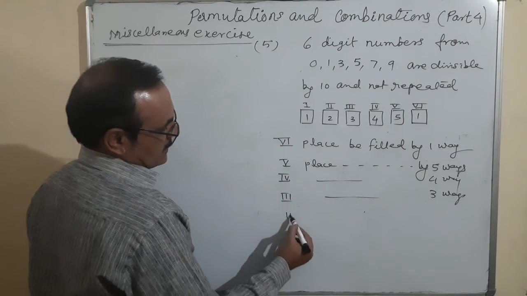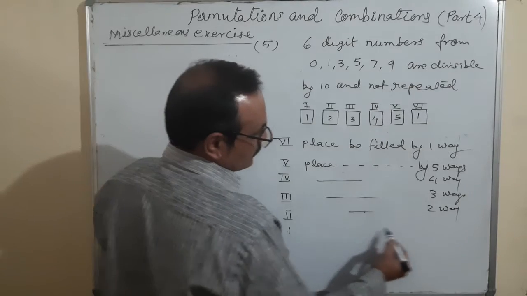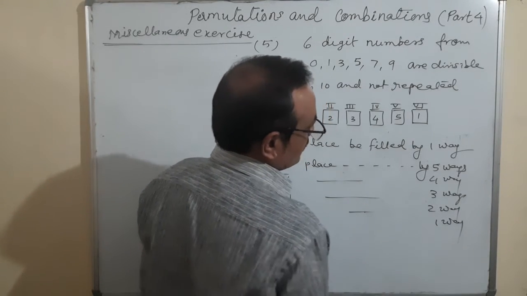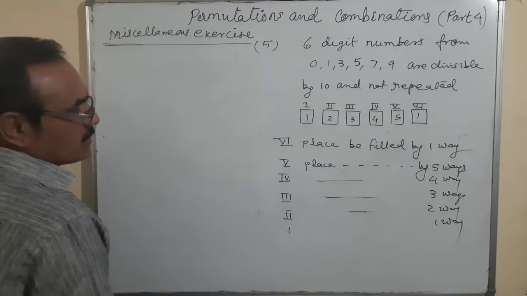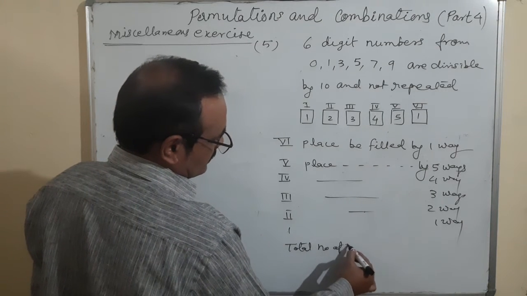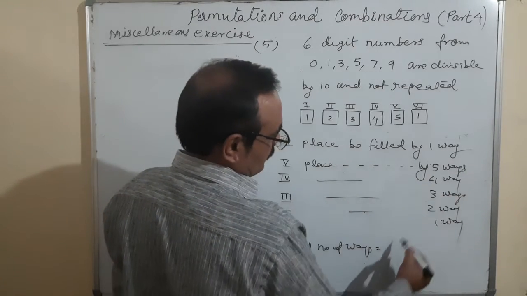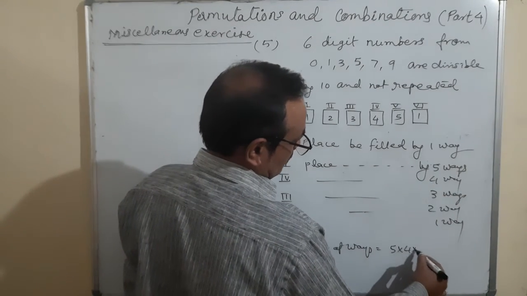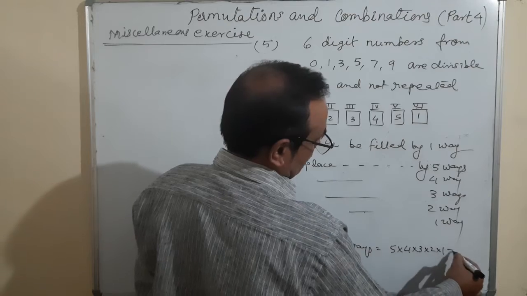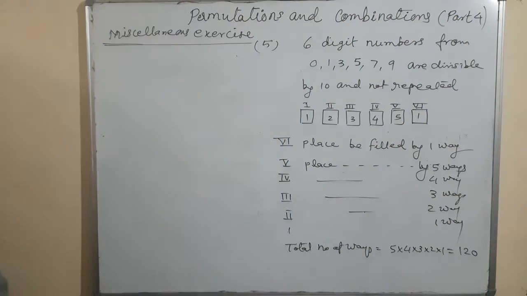The 2nd place in 2 ways and the 1st place in 1 way, because repetition is not allowed. So the total number of ways is 5 into 4 into 3 into 2 into 1. 5 into 4 is 20, 20 into 6 is 120. Clear? Okay.